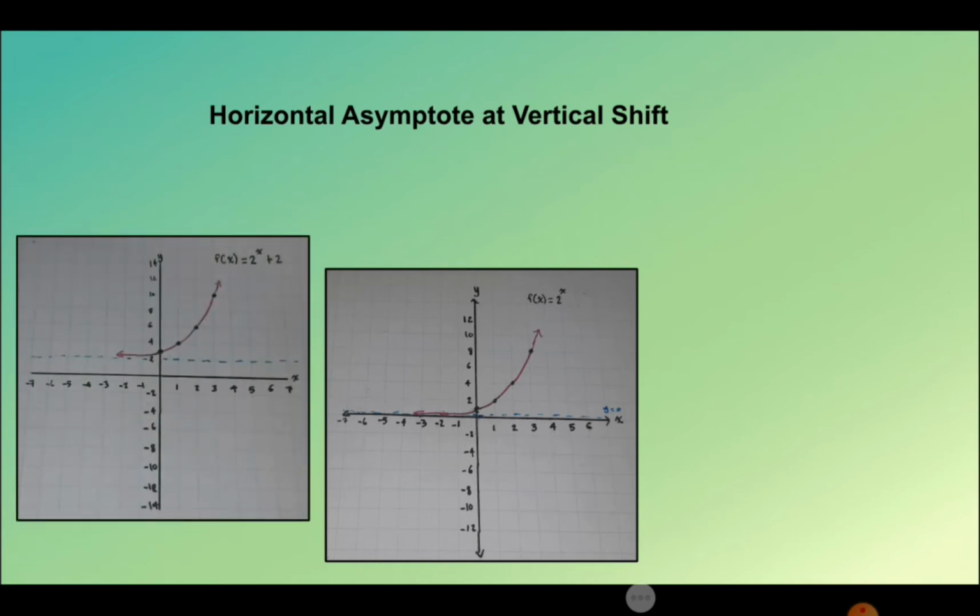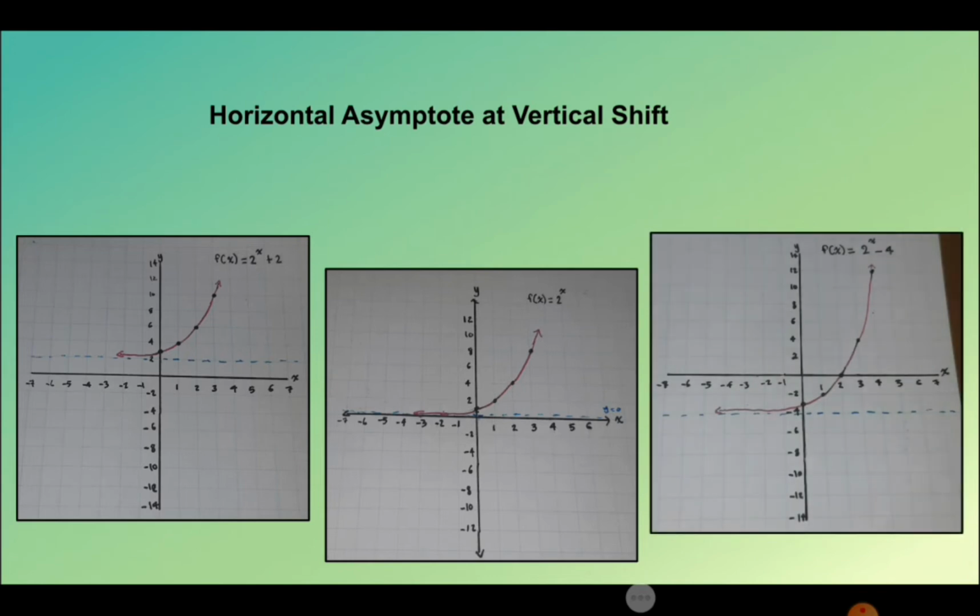So here's an example, and the way you would know if an equation shifts the exponential function is that there is a number at the end of the whole function that is added or subtracted, and in this case you can see that 2 is added, which means that the function shifted up by 2 units. Or if it's a negative number, the function would shift downward.